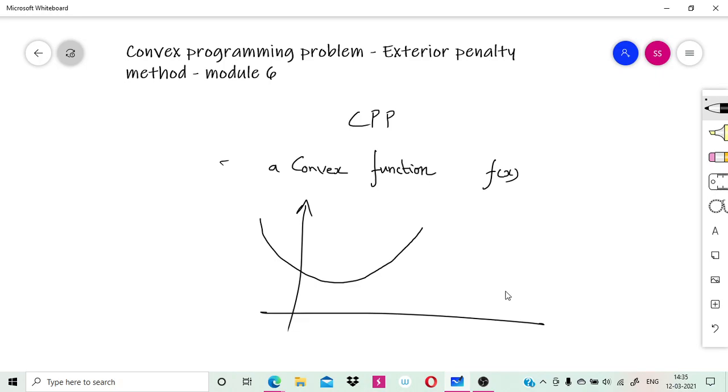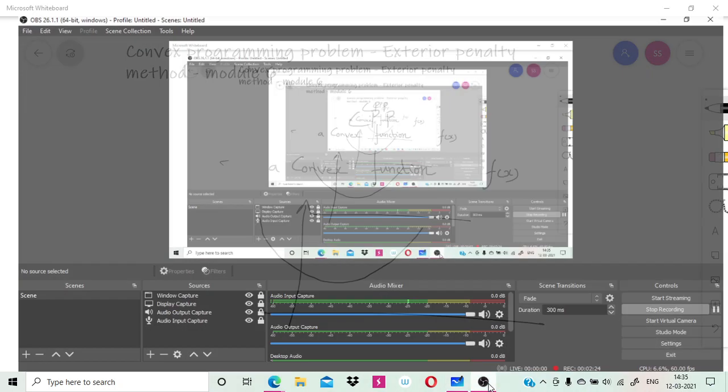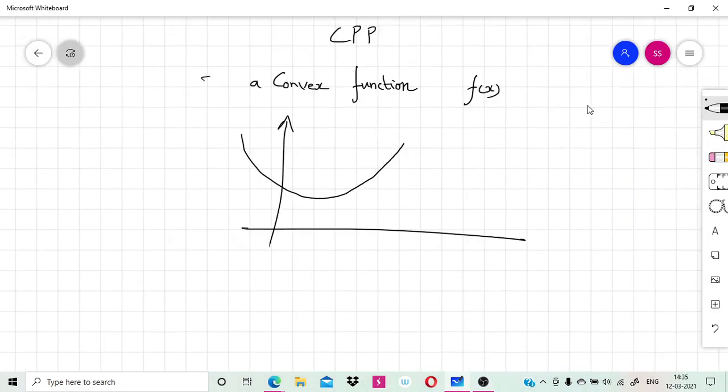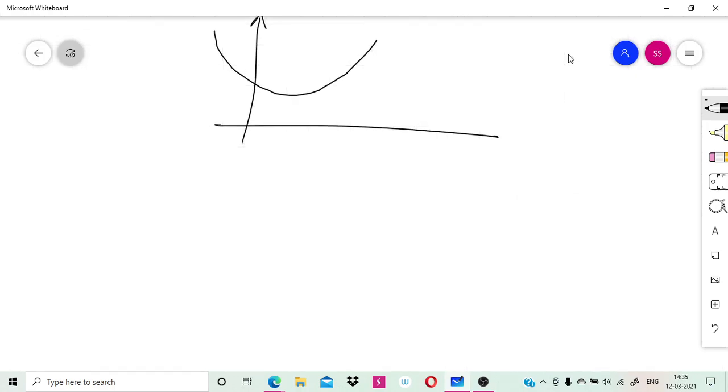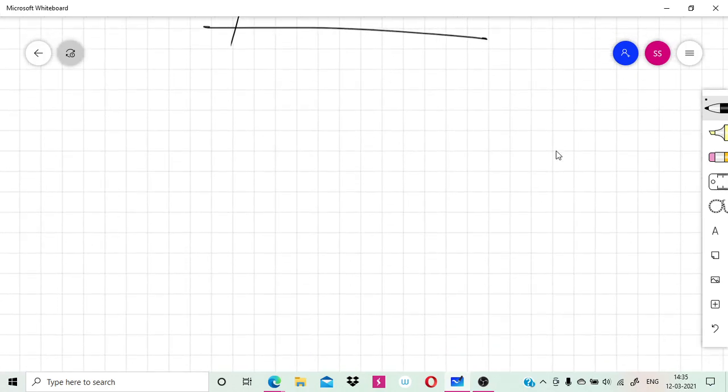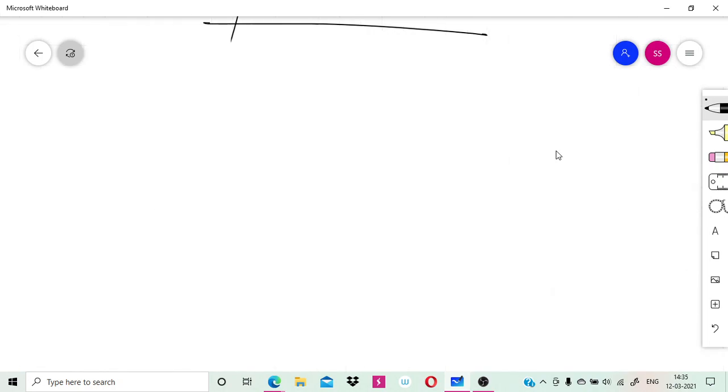The definition of a convex function is like this. A function f of x, for capital X, is said to be convex if for any pair of points x1 and x2. That means we are considering 2 points, x1 and x2, which are vectors.